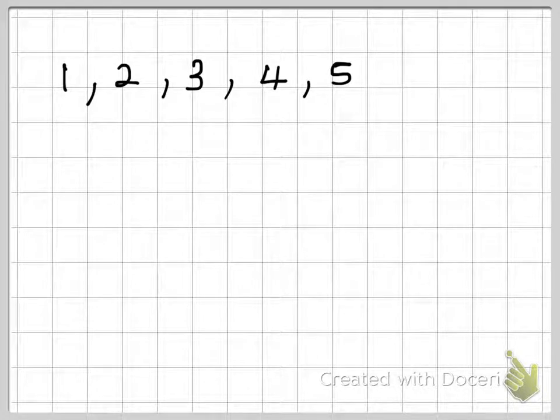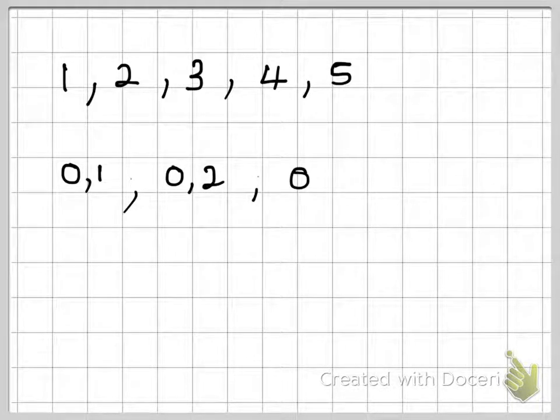But now all of a sudden there's a number as follows: 0,1. 0,2. 0,3. and 0,4.